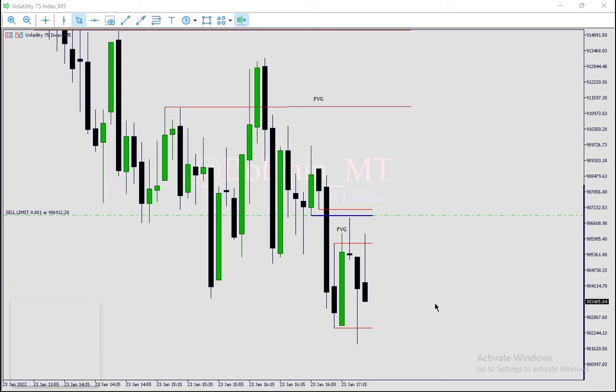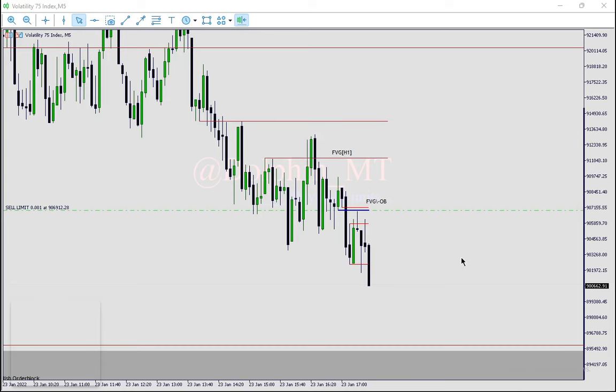Let's watch. As you can see, price is now leaving that fair value gap, and we missed the trade, and we're not scared about it, since we already know that price is likely to go to where it wants to go very quickly. So it's fine.